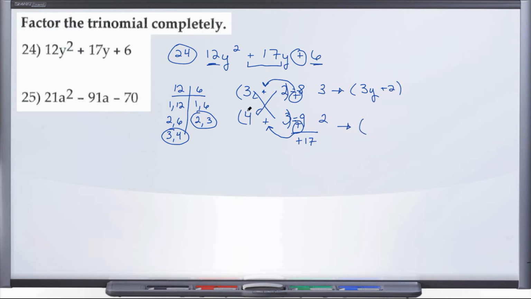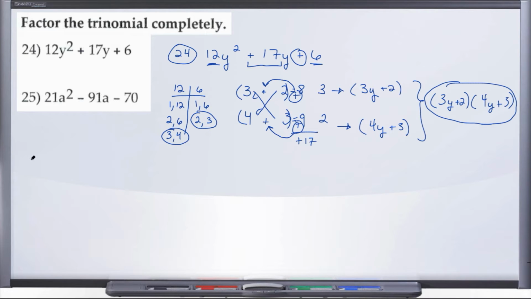This here becomes 4y, plus 3, plus 3. And if you'd like, you can go ahead and write those side by side. And there you have it, the factored form for number 24.